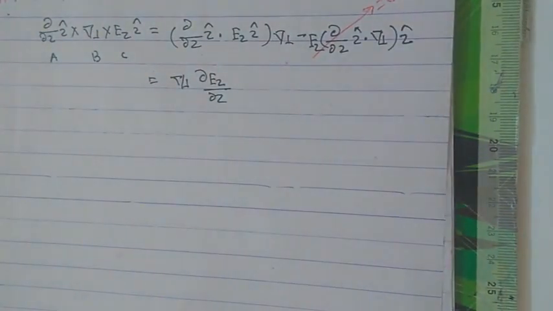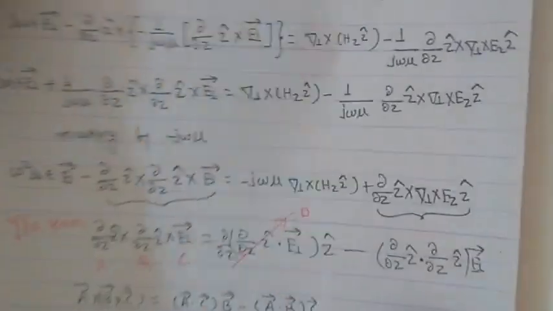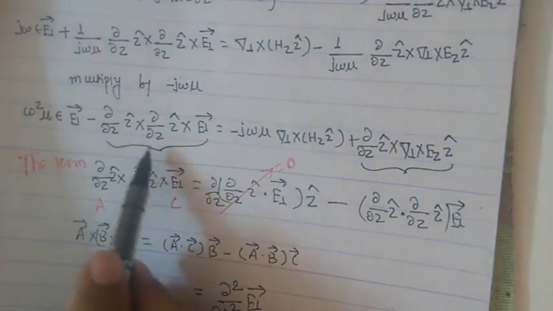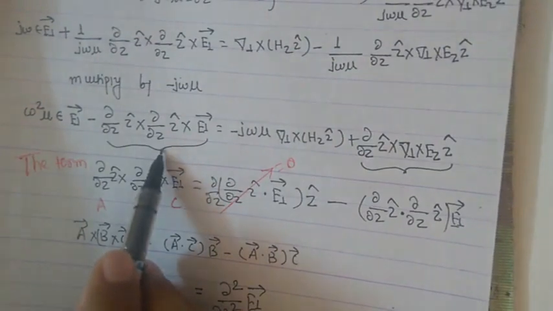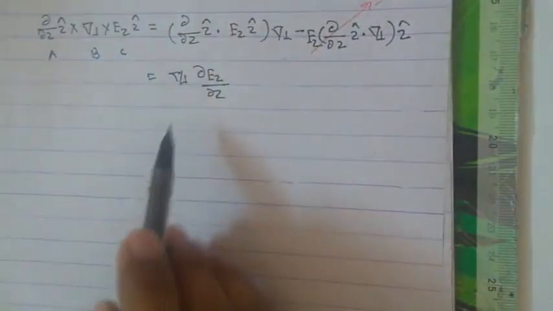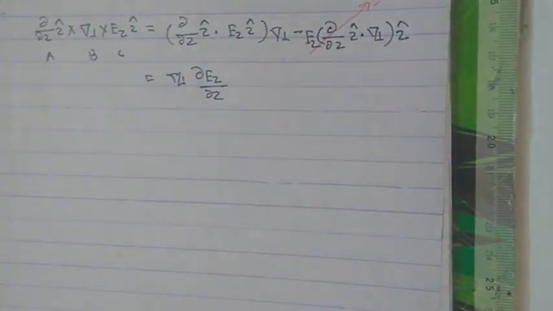Now rewrite this equation by replacing the term 1 and term 2 with del square by del z square E transverse and del transverse del Ez by del z.